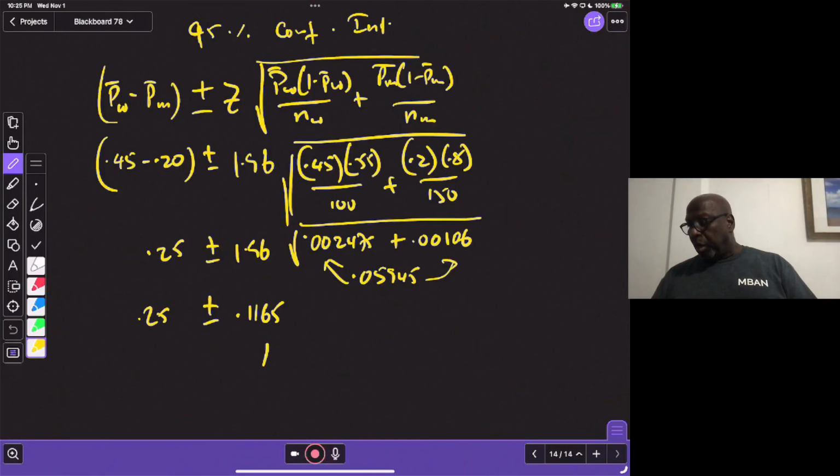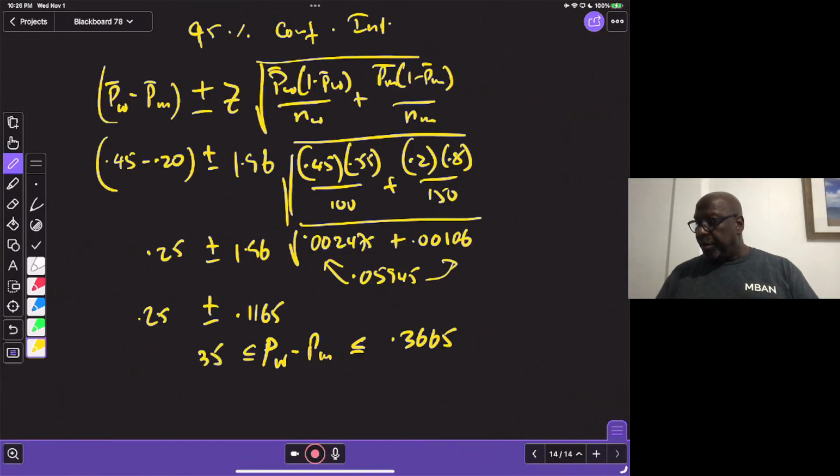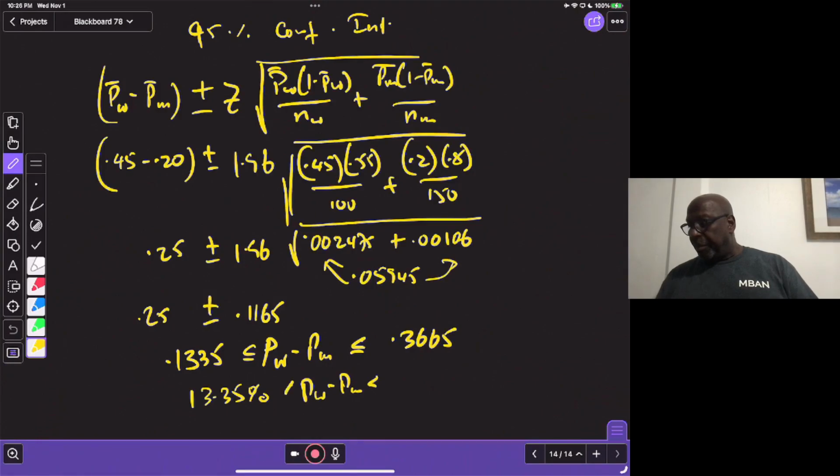So P women minus P men is between 0.1335 and 0.3665. So, somewhere between 13.35% and 36.65%.